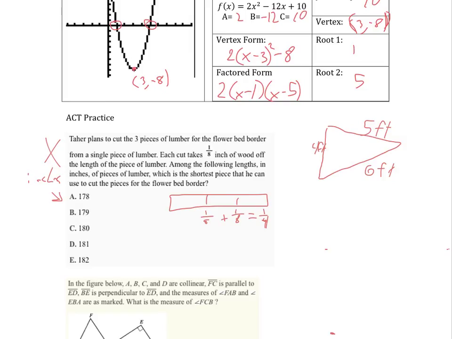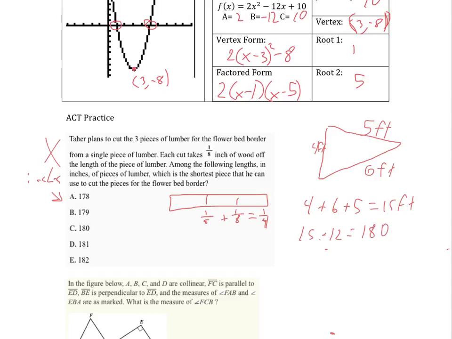So 4 feet plus 6 feet plus 5 feet is 15 feet. But if I take 15 feet times 12 inches to convert, 15 times 12 is 180.